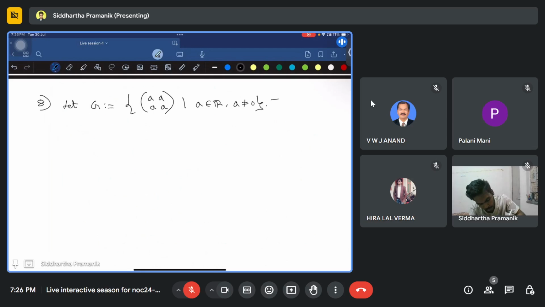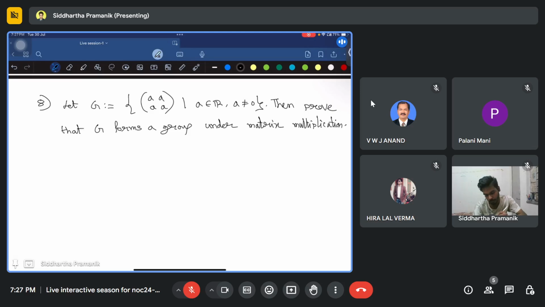Then we will prove that G forms a group under matrix multiplication. Okay, so we will see in this group the identity element is different from the identity matrix.